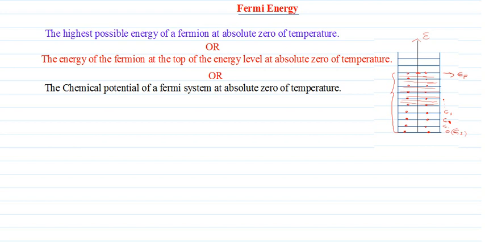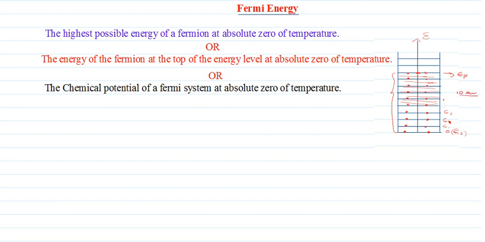One thing should be very clear. If a system has a greater number of particles, a greater number of energy states has to be occupied. For example, as a toy model, suppose a system has only 10 electrons.